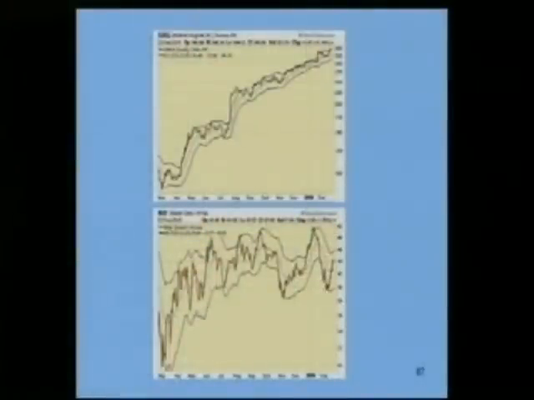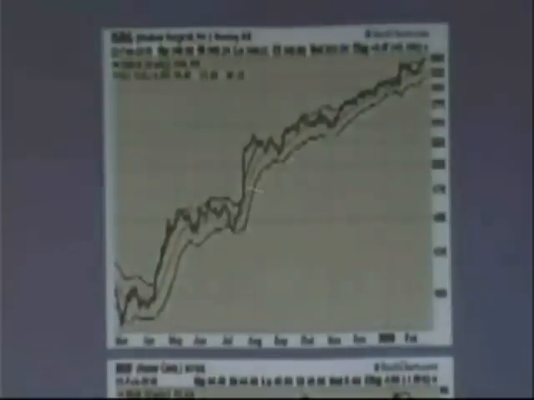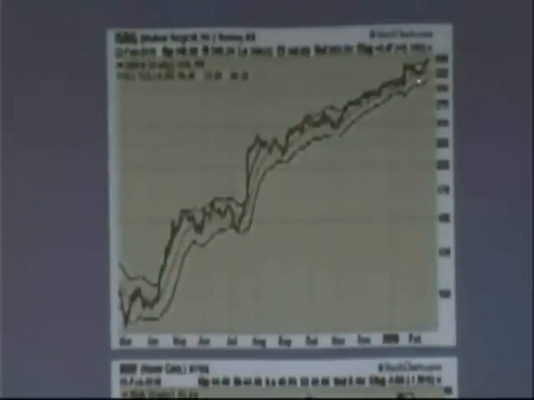And the top one is Intuitive Surgical. So again, that has repetitive patterns that you can see, and when it's in an uptrend, usually when it hits the upper channel, it retraces back to the middle channel, and then when it hits the middle channel, it retraces back to the upper channel.